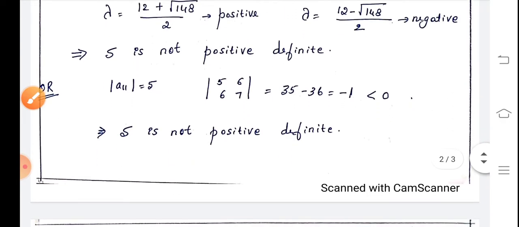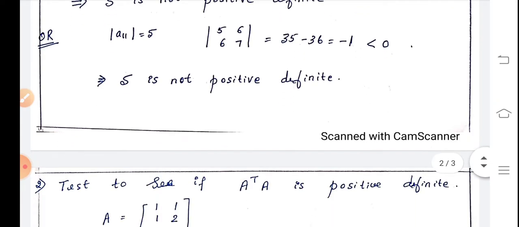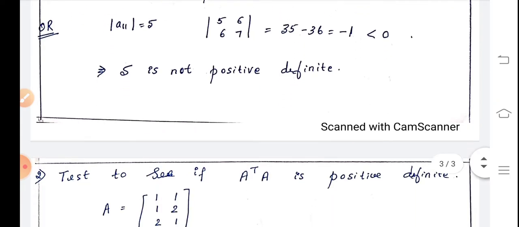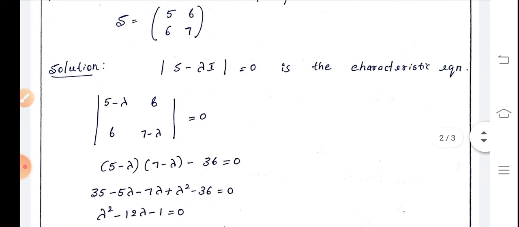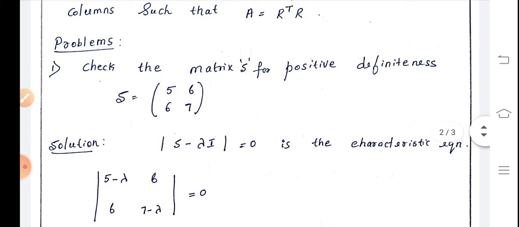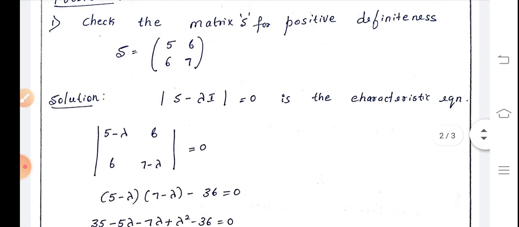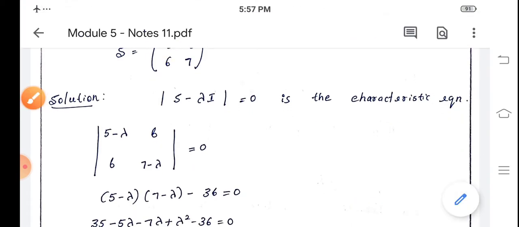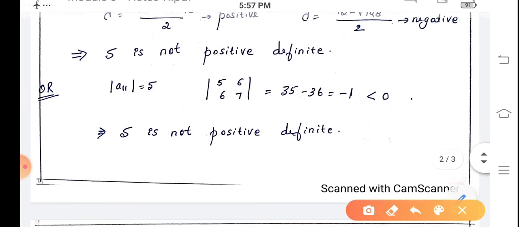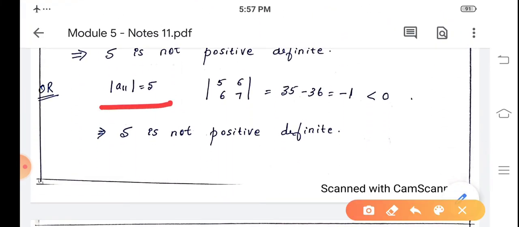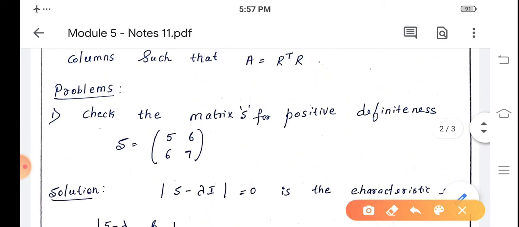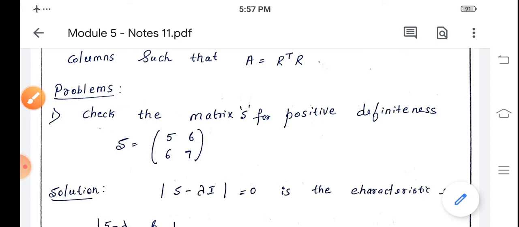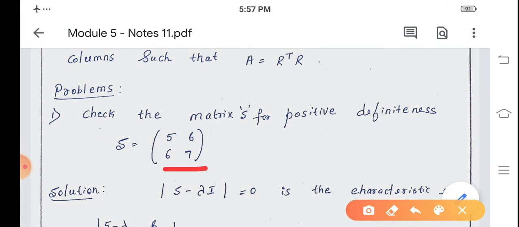Or we can check the positive definiteness of the matrix by finding the determinants of upper left submatrices. Here the given matrix is of order 2. So if we take the upper left submatrix of order 1, that is 5. So determinant of a11 is 5, it is greater than 0, and we take the determinant of S, that is determinant of 5, 6, 6, 7.